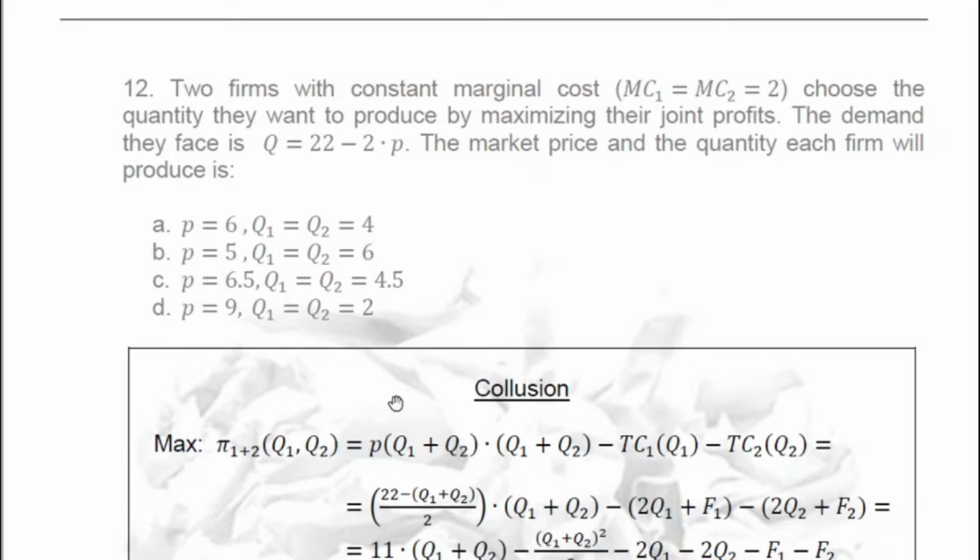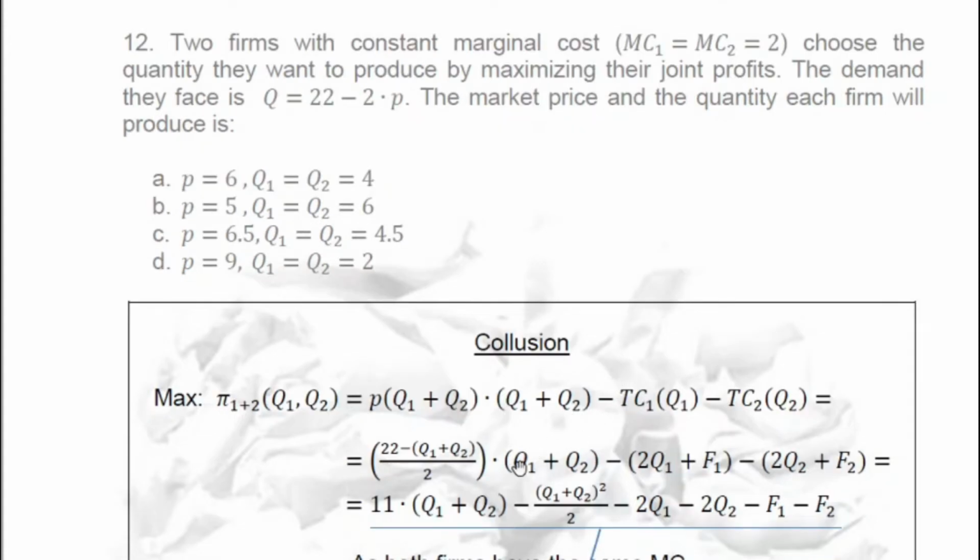Then price comes from the inverse demand times Q1 plus Q2, which is the quantity they will produce together. This is the same as dividing: the price times Q1 are the revenues of firm 1, plus the price times Q2 are the revenues from firm 2.